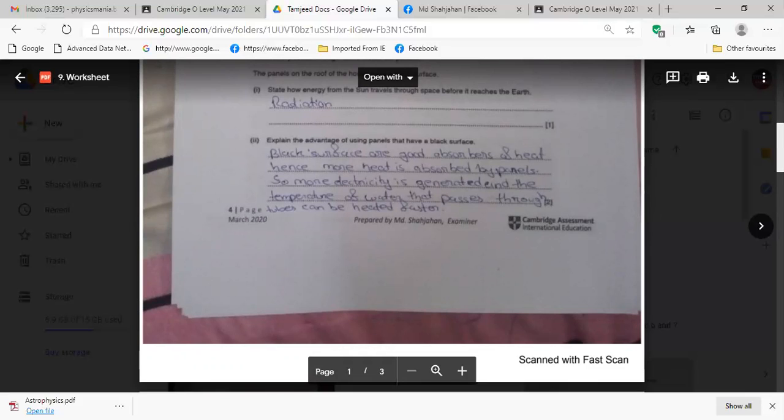Hence, more heat is absorbed by panels, so more electricity is generated, and the temperature of water that passes through. Okay, both your ideas came here. You said black is a very good absorber of heat, and this way it can produce more electricity. That is the main thing here.